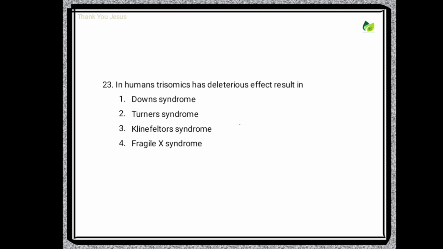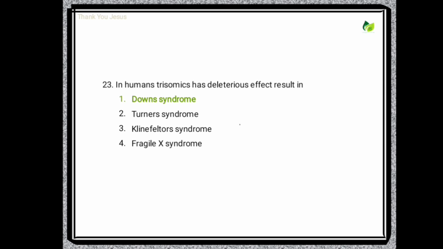In humans, trisomics having deleterious effect result in, options are Down syndrome, Turner syndrome, Klinefelter syndrome, Fragile X syndrome. You have to remember what Down syndrome is first. Down syndrome is nothing but trisomy of the 21st chromosome resulting from non-disjunction during gamete formation. So the answer is Down syndrome.